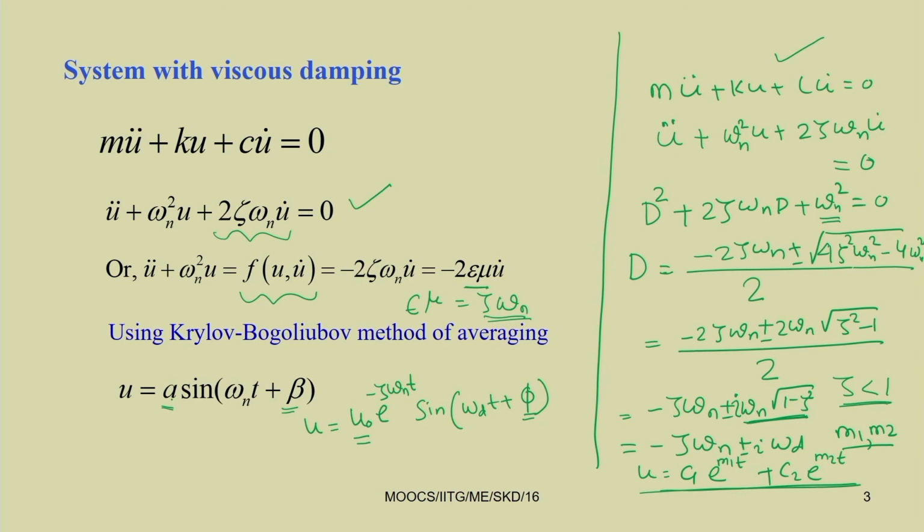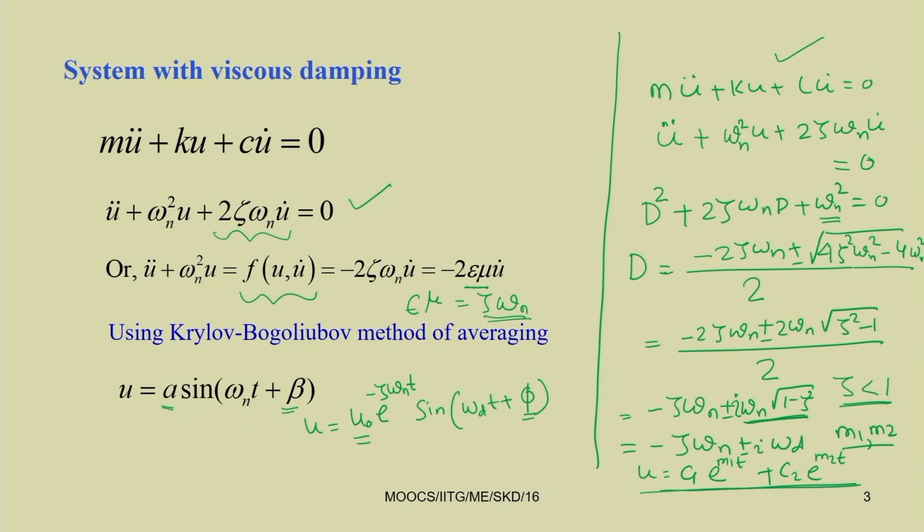Here A and beta are not constant, but are functions of time, so they also vary with time. So, A and beta are slowly varying functions of u and u dot, or slowly varying functions of time, by taking u equal to A sin(omega n t plus beta).